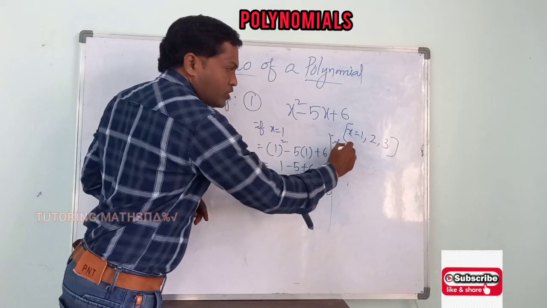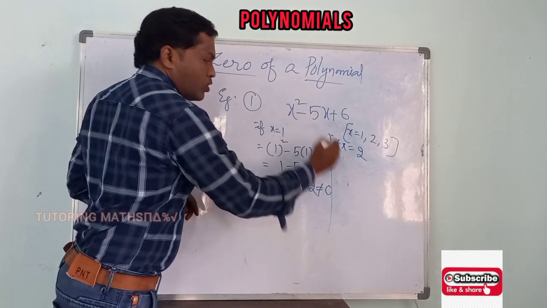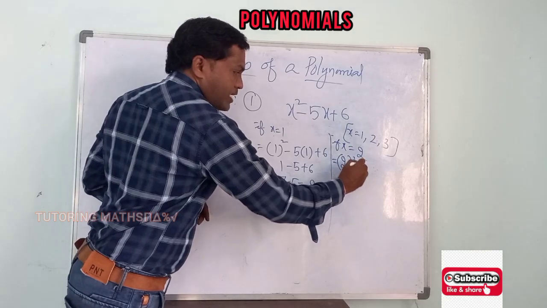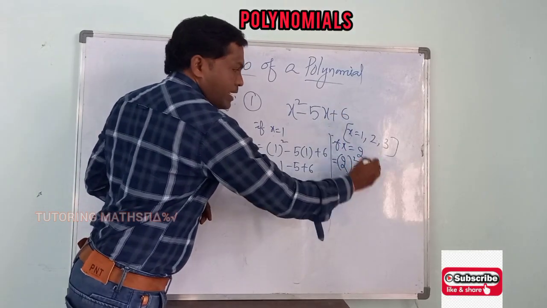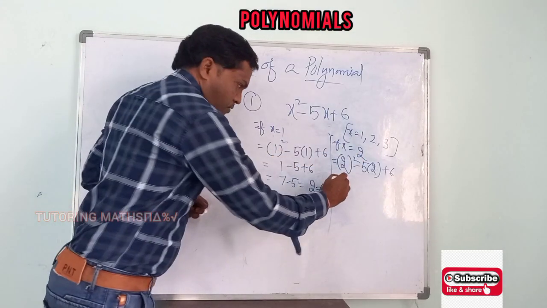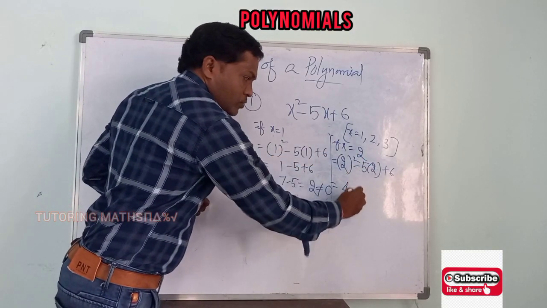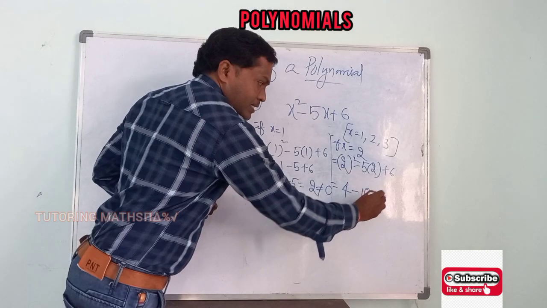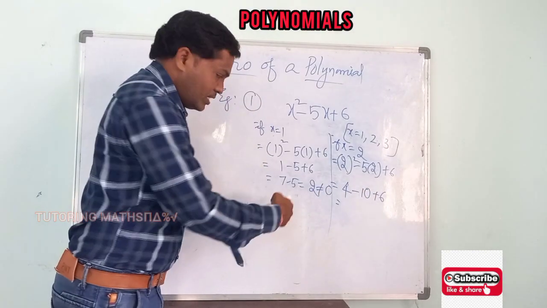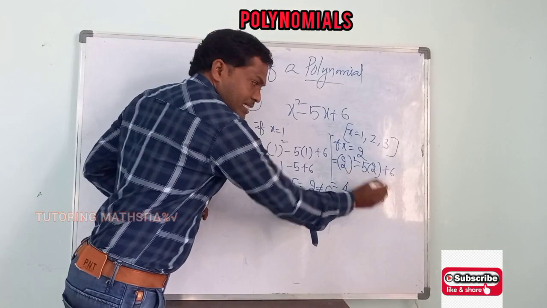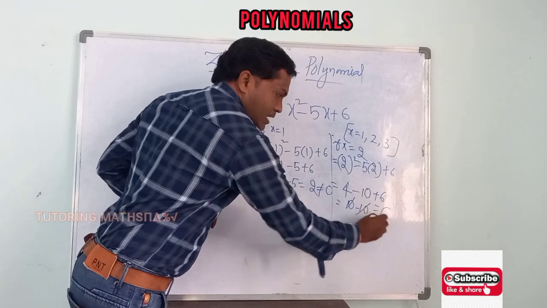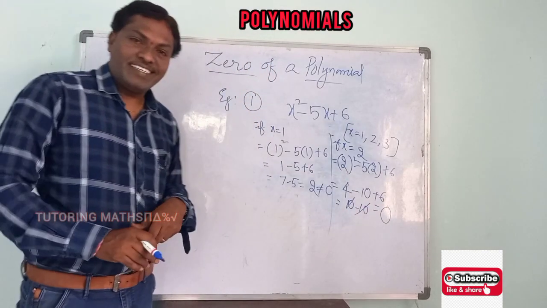If x is equal to 2, 2 square minus 5 into 2 plus 6. 2 square is 4, minus 5 twos are 10, plus 6. Add the positive numbers first, as I told you in the previous example: 4 plus 6 is 10, minus 10. The 10s get cancelled and you get 0.